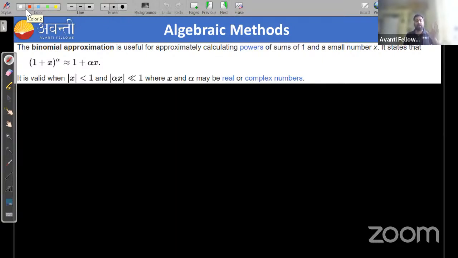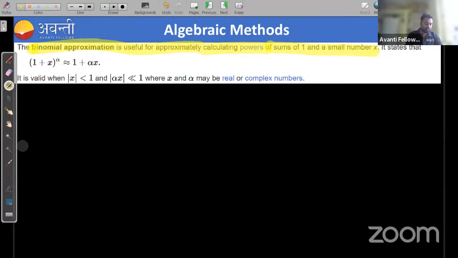So what is that? The binomial approximation is useful for approximately calculating the power of the sum of 1 and a small number x.